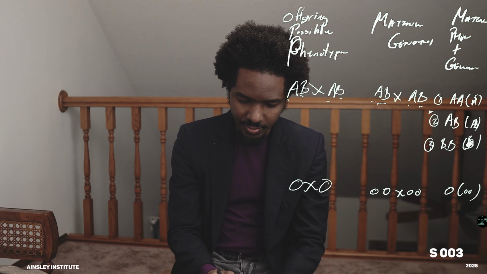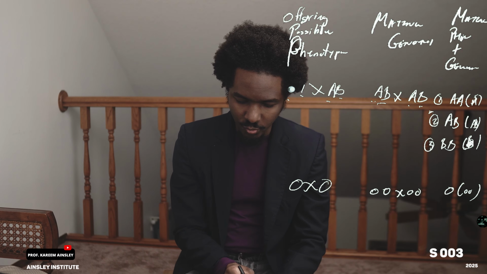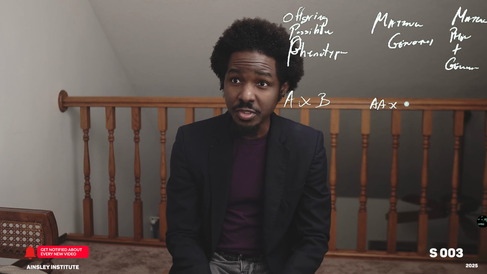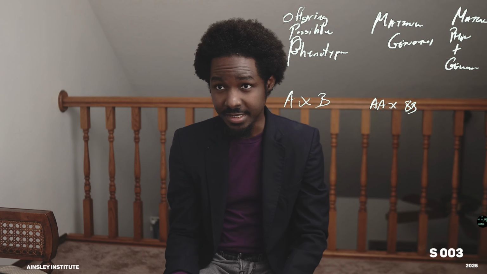So let us look at mating with someone who is of a different blood group. So if you are A, your partner is probably B. What do we expect? One person is going to have AA. That is a possibility, right? The other person may be BB. That's a possibility.